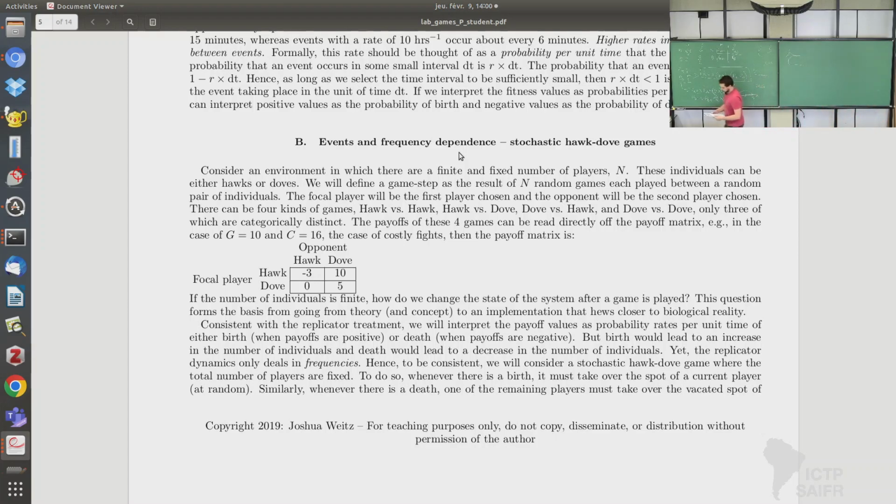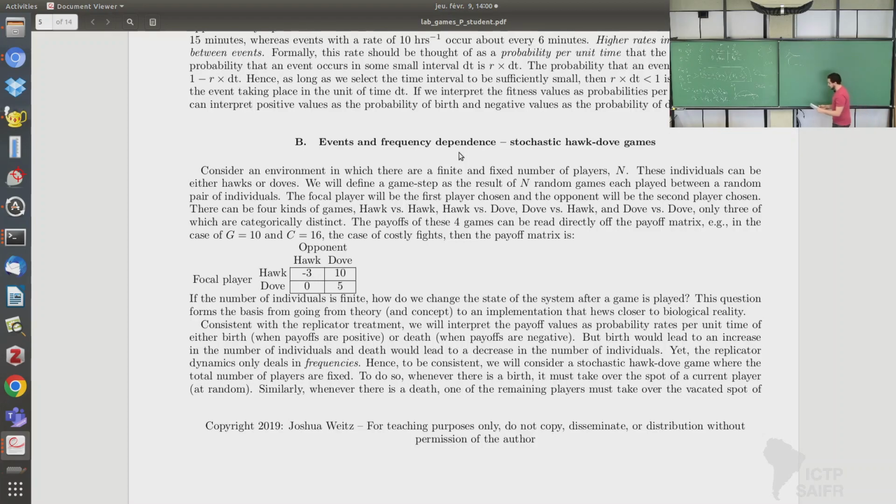So basically, I told you that these payoff entries can be thought of as rates, right? When we think about them as fitnesses, fitness has units of one over time. So essentially, these are rates, okay?